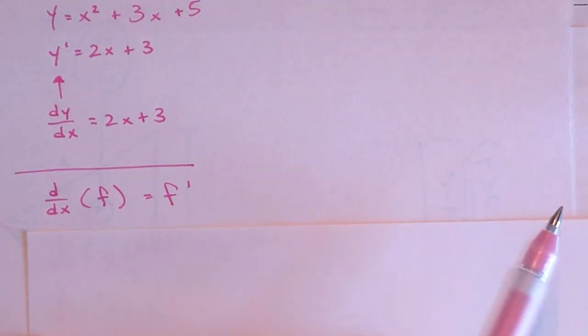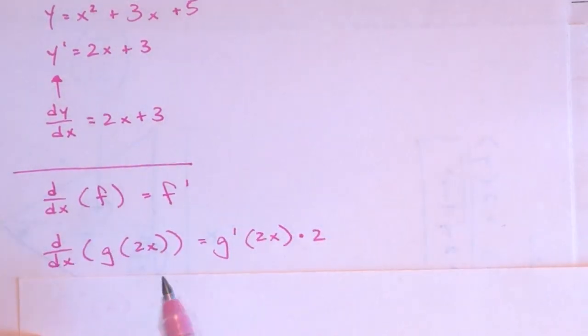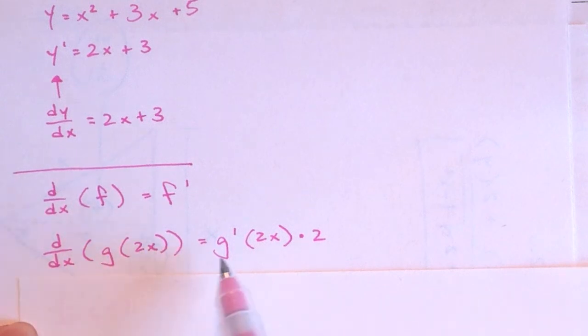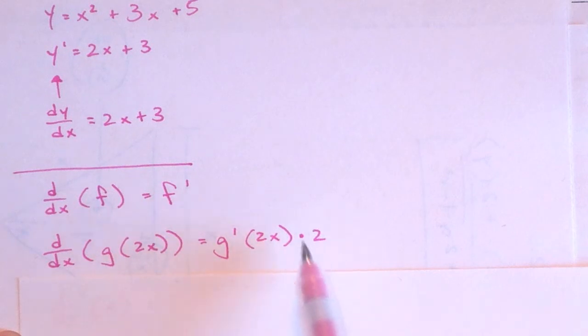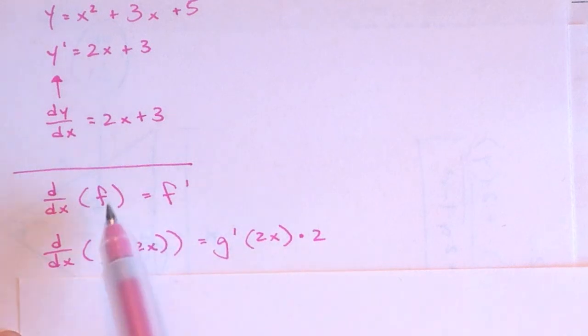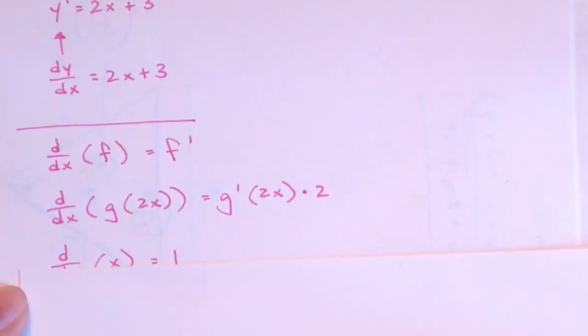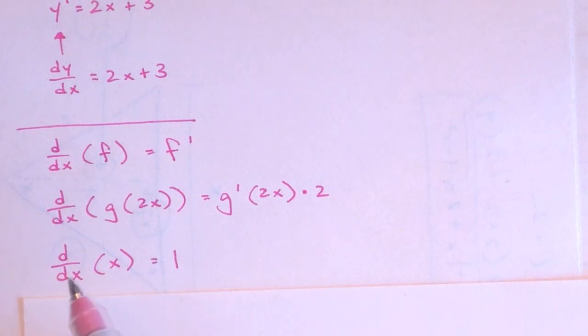The derivative of g of 2x, remember this is the chain rule, is g prime of 2x times the derivative of the inside, which is 2. The derivative of g is g prime, and the derivative of x is 1, right? Because it's the derivative of x in terms of x, so it's just 1.